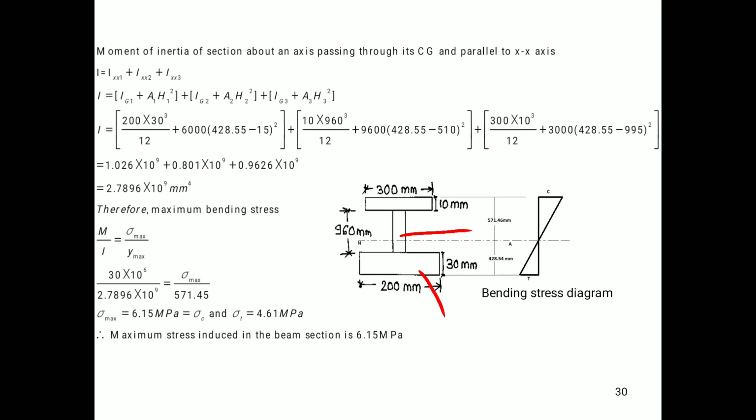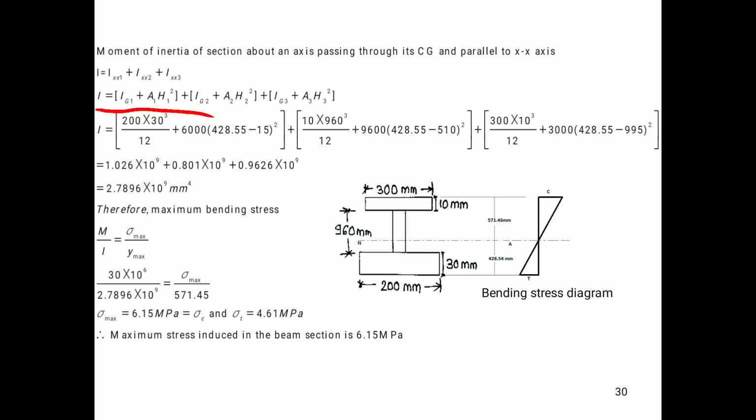Now by using the parallel axis theorem, we have Ixx1 is equal to Ig1 plus A1 H1 square. What is Ig1? It is the value of the moment of inertia through its centroid for section 1. Remember that we are concentrating on section 1 only.